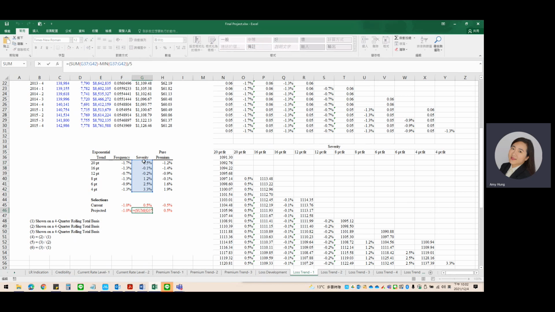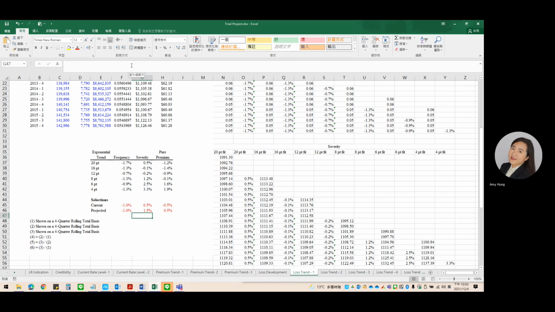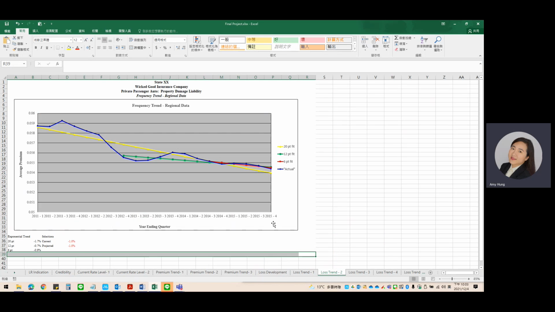So we sum them up, exclude the minimum, and then divide by 5 to get the average of those numbers.